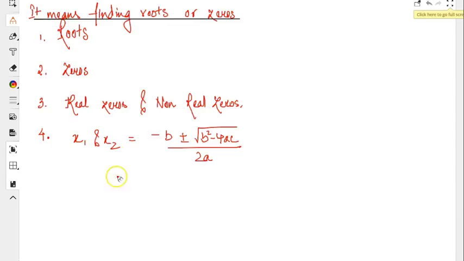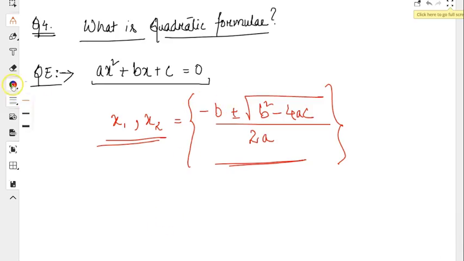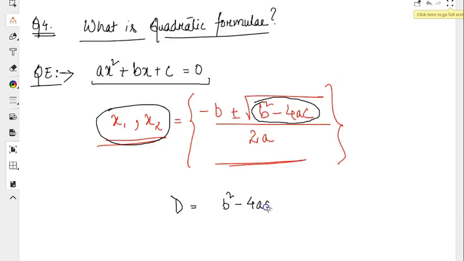If you go back and see this, these are my roots or my zeros. This depends on this term, which is known as the discriminant, right? Generally we write D is equal to b squared minus 4ac. Now a lot depends on this value, and you see this value depends on a, b and c, all of them.